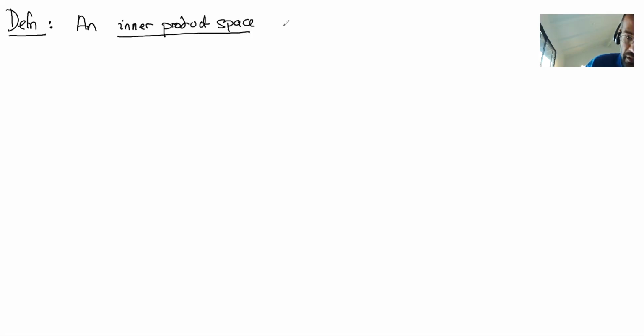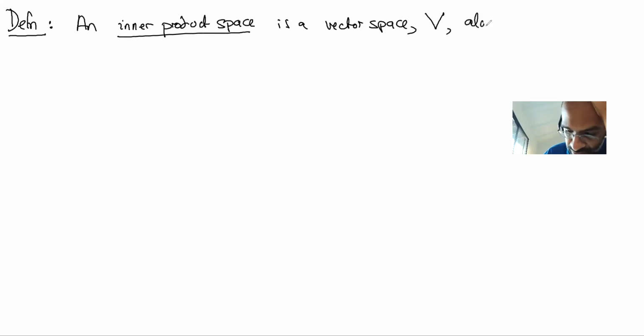Here's the definition. An inner product space is a vector space with an additional structure called an inner product.